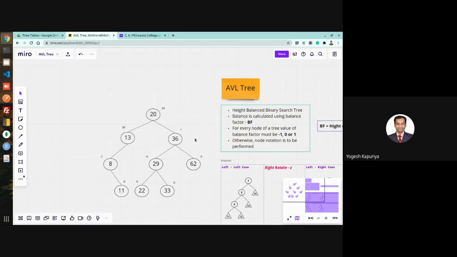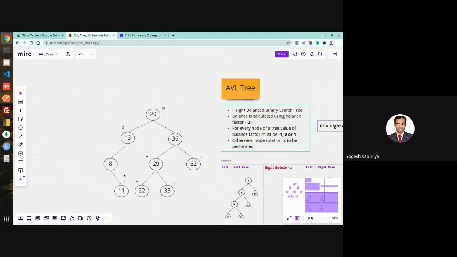Next. For this node, height of left subtree. This is left subtree. The height is 2. What about right? Is there anything on the right? No. So that's why that is 0. So this is 2 minus 0, so 2.